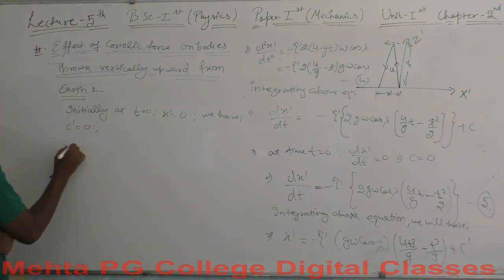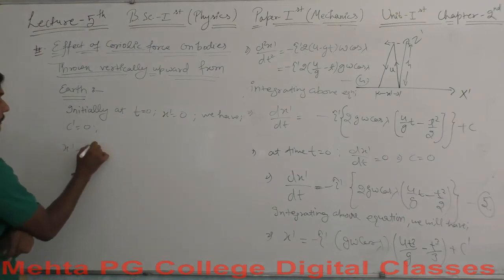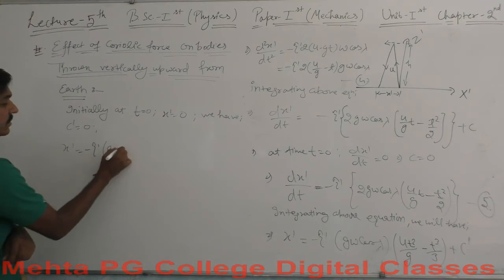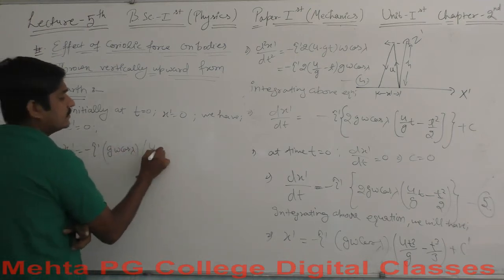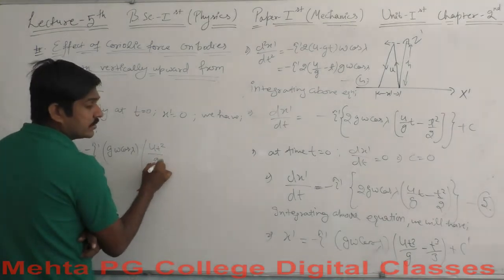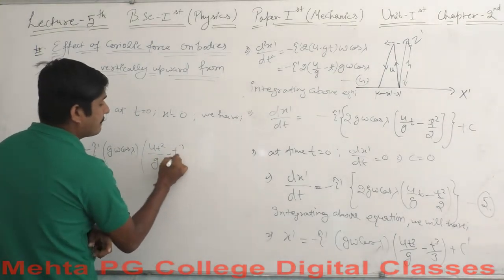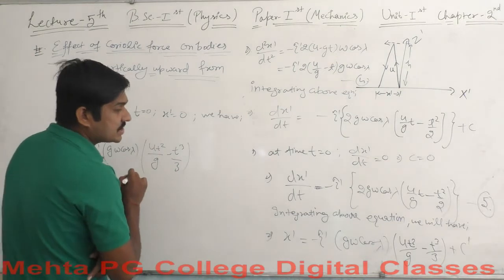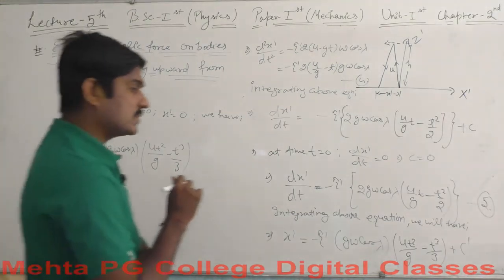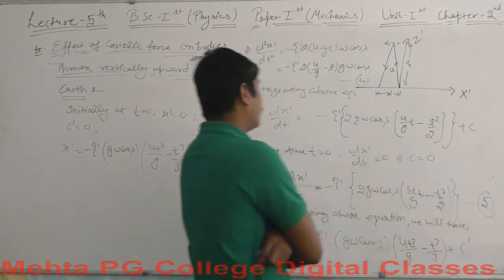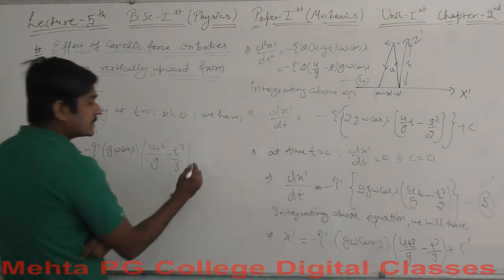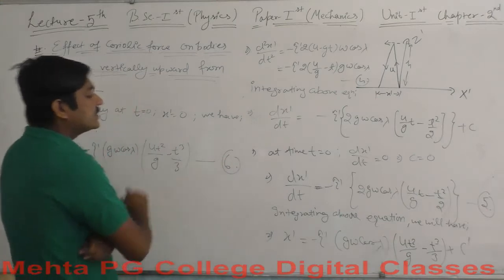So you can say that x dash will be equal to minus I cap dash g omega cos of lambda times ut square over g minus t cube over 3. Okay. So this is it. Let's say this is equation 6 here.